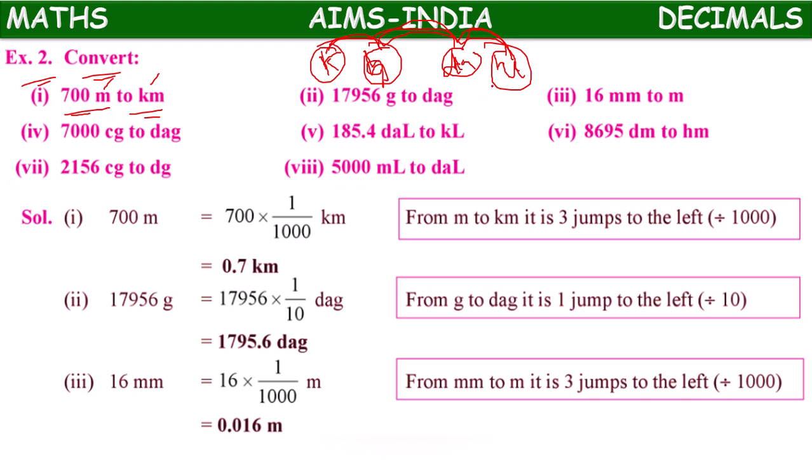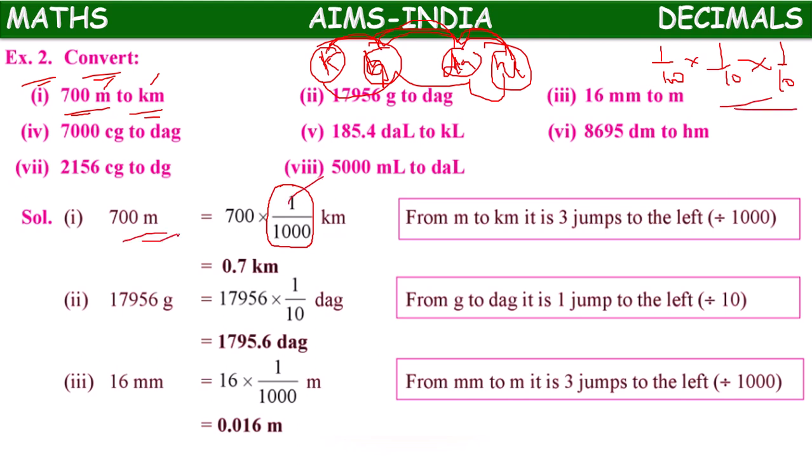When we are moving from lower to higher, what we have to do? We have to divide by 10. So 1 step, 2 steps, 3 steps. Means by 10, by 10, by 10. 3 times we have to divide with 10. Because 1 by 10 into 1 by 10 into 1 by 10, 3 times, it will turn into 1 by 1000.